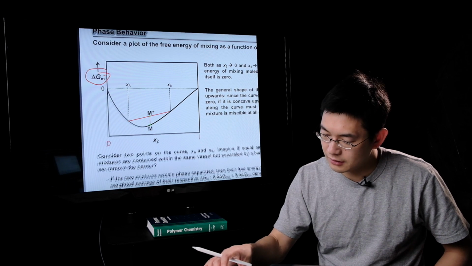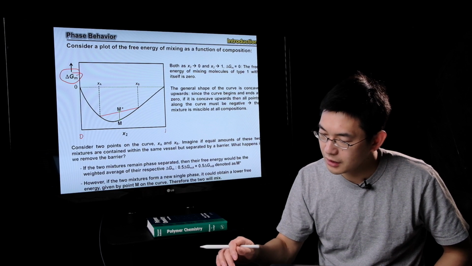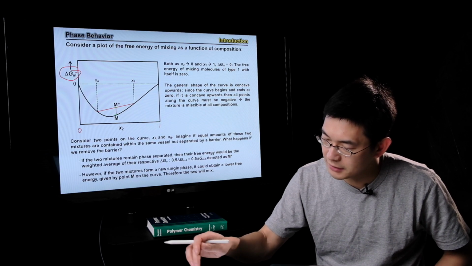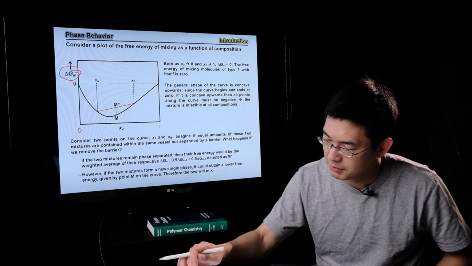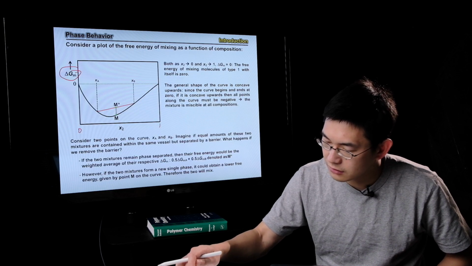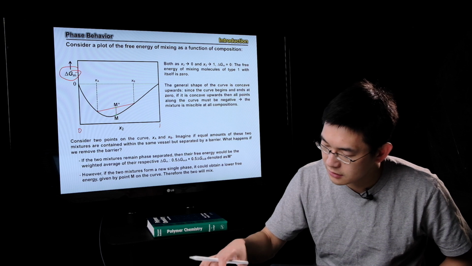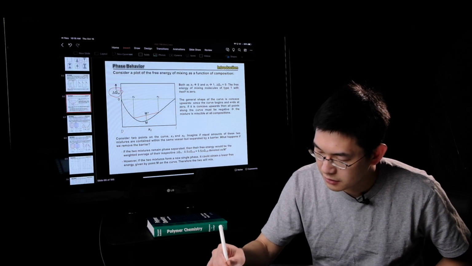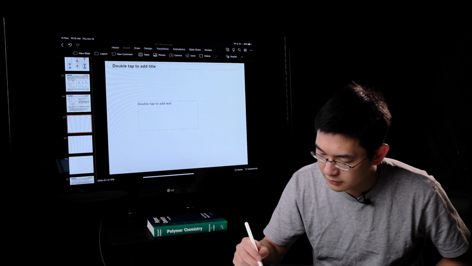Okay, so let me add one more slide and explain how we were able to achieve different phase diagrams. So let me exit and insert a few slides here.